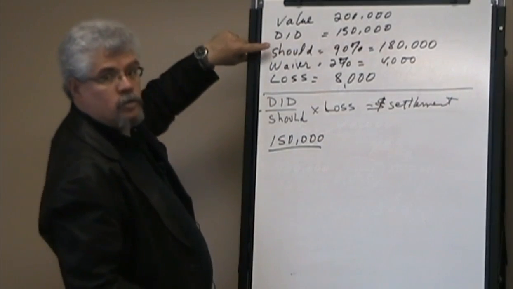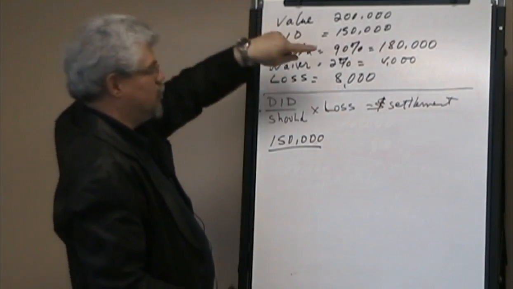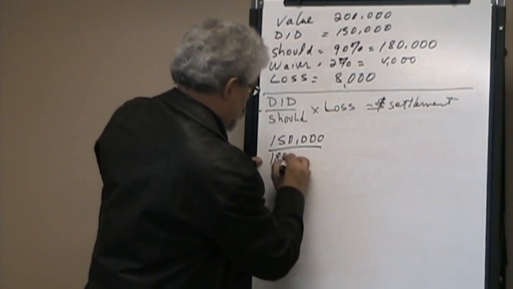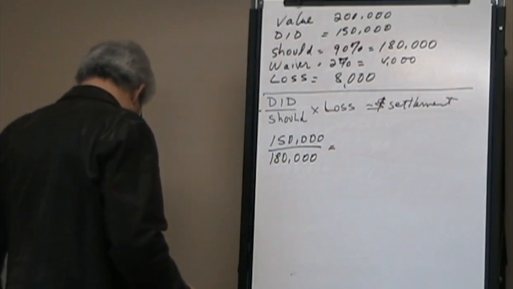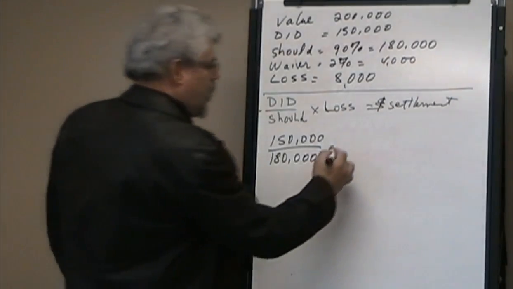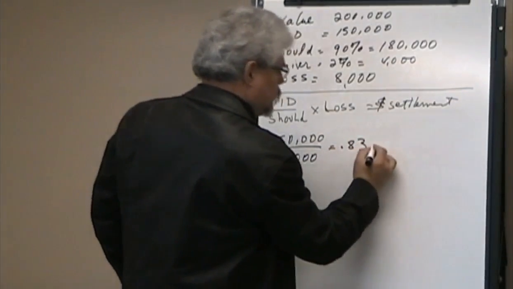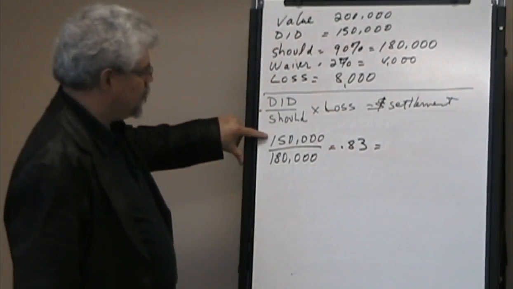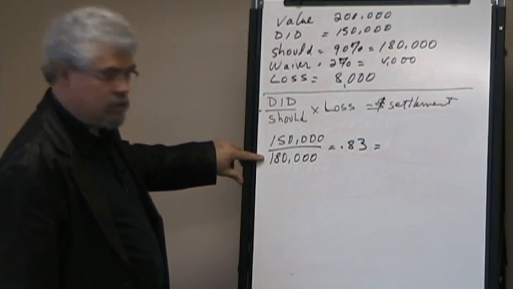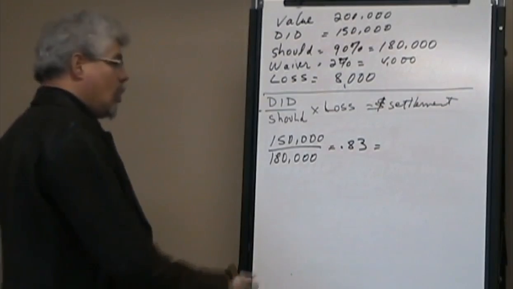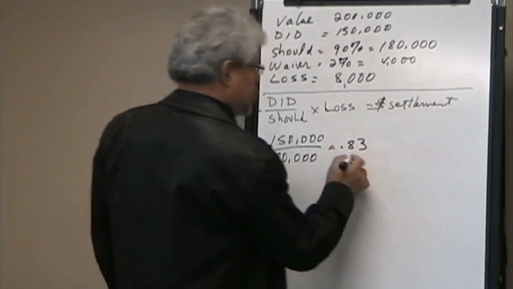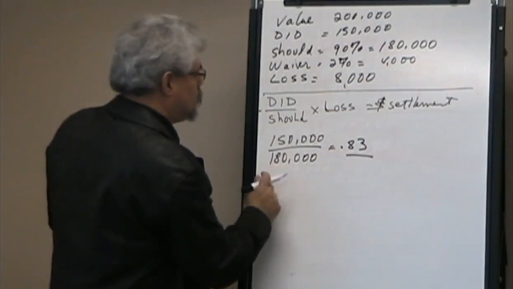Well, it was supposed to buy 90% of the value, so that's $180,000. Okay, what's that converted into a fraction? Well, it's 0.83. Divide 150,000 by 180,000 and it will give you 0.83. Okay. So I got my calculation for the did over should.